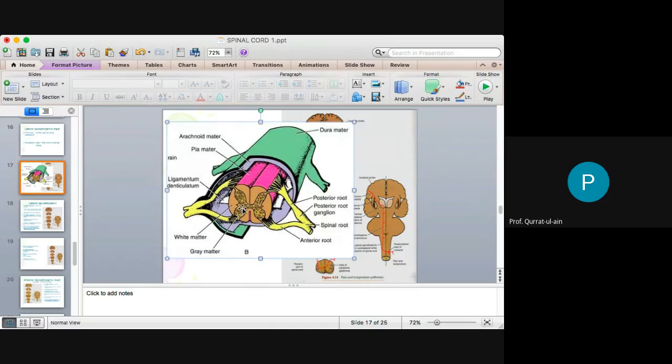Just remember this, because when we do the lesions, you will get the concept of this oblique course. They are crossed fibers, moving into the opposite lateral spinothalamic tract, right?